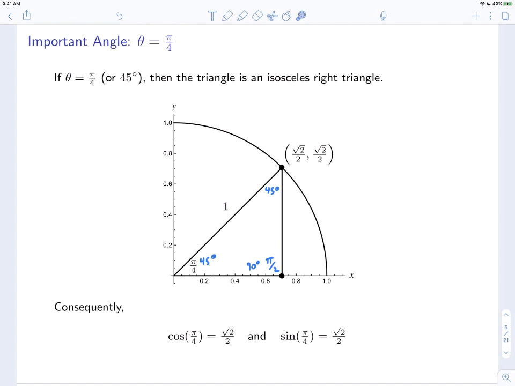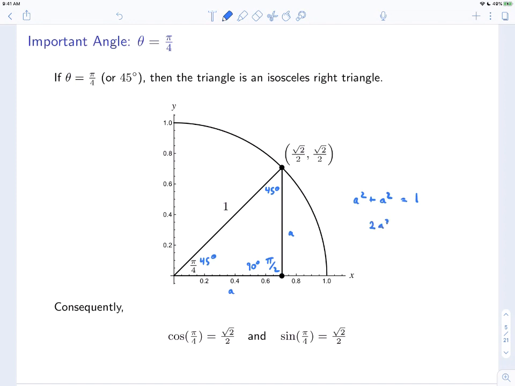So what that tells us is that this is an isosceles right triangle with hypotenuse length 1. So this length is the same as this length. The base is the same as the height. So if we call that value a, it's the same for the base and the height. So a squared plus a squared is equal to 1 squared, which is just 1.